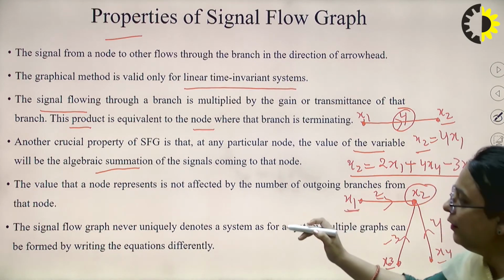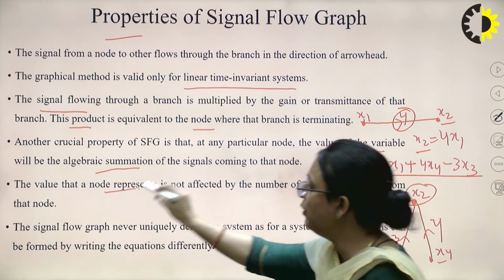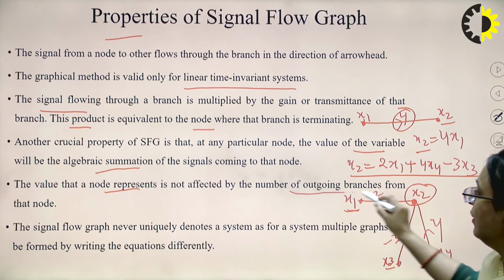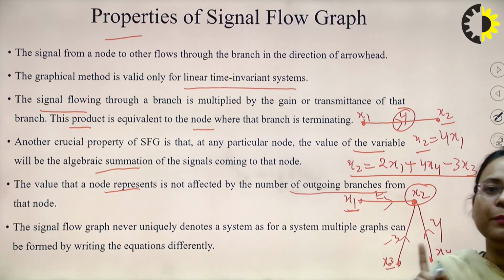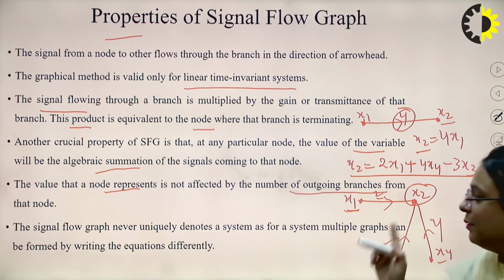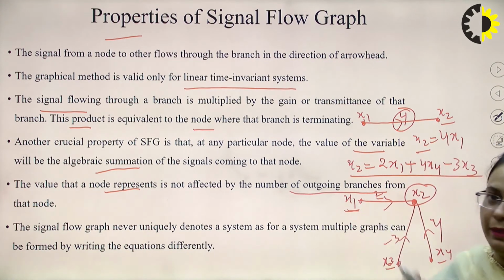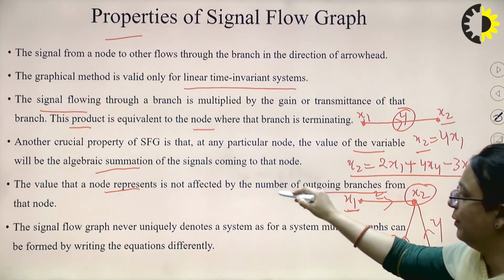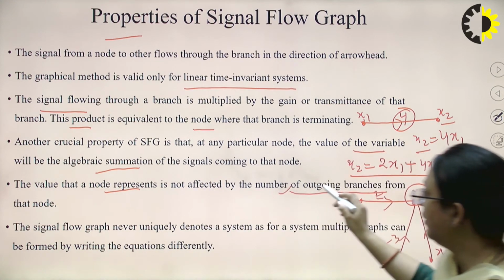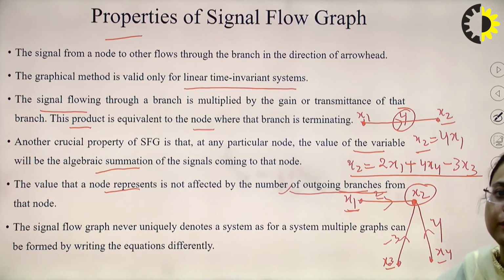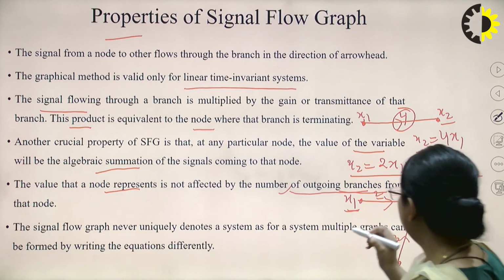Another point is that the value a node represents is not affected by the number of outgoing branches. As I have told you, x1 is not dependent upon x2; x2 is actually dependent upon x1. This is the property I am trying to explain: the node is not affected by the number of outgoing branches. Let's take another example.